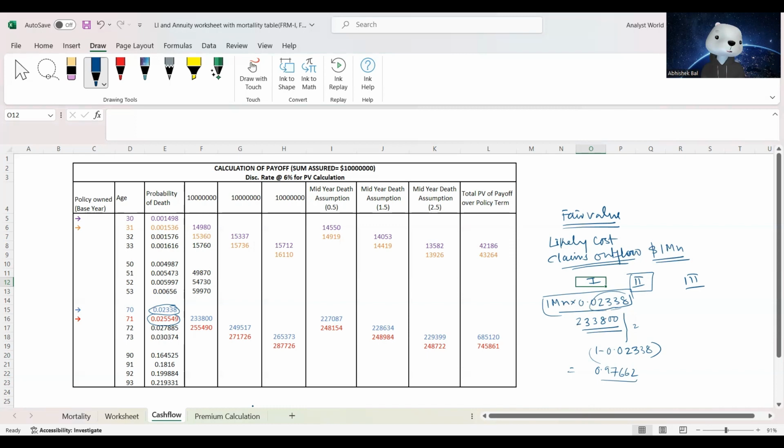Yes, now if we are doing this math, we will have to adjust this with the conditional probability of survival, 0.97662. Multiplying 0.025549 by that comes out to be 0.024951664. So this is the probability-adjusted death.